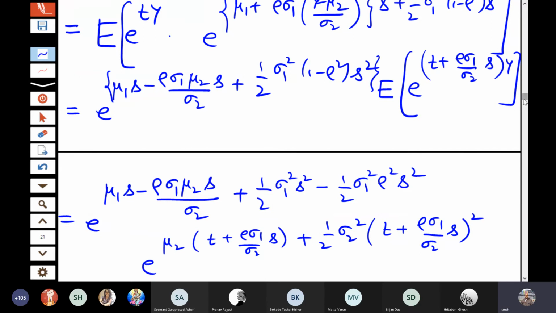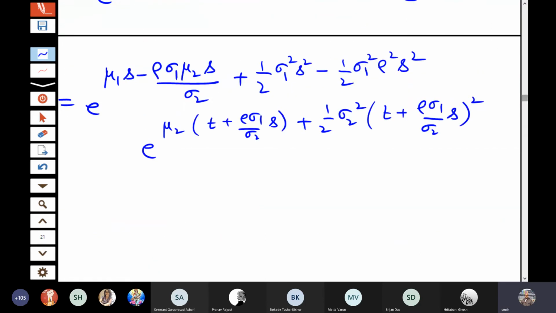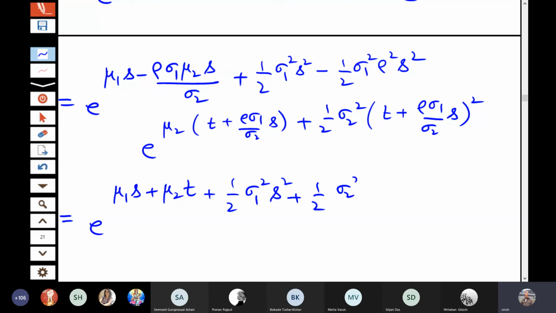So it's a matter of simplification now. e to the power mu 1 s plus mu 2 t plus half sigma 1 square s square plus half sigma 2 square t square. And let us look at other terms here. This mu 2 into rho sigma 1 by sigma 2 s gets cancelled out with this term here.